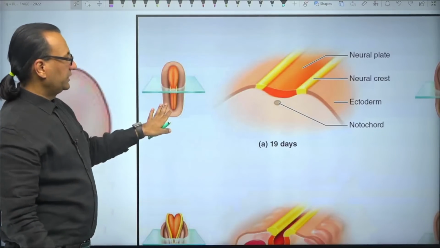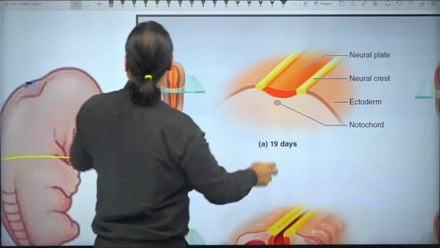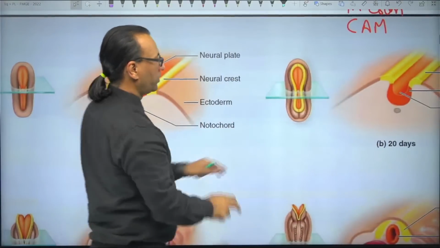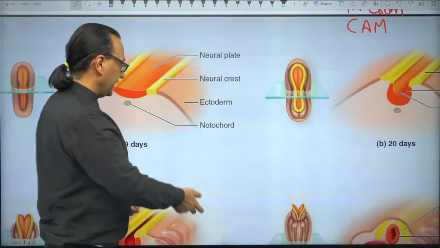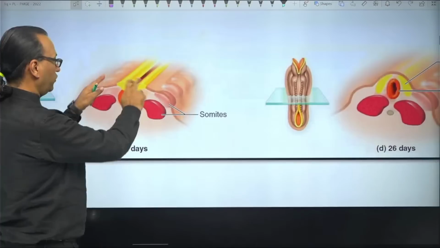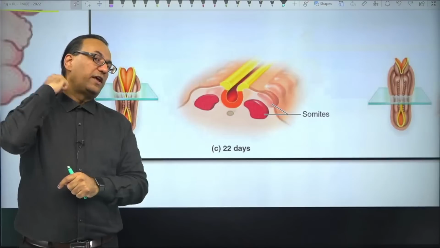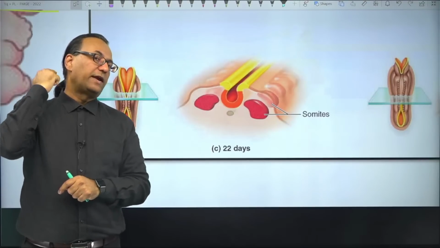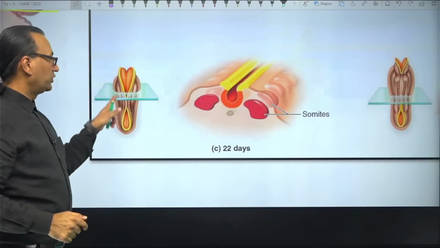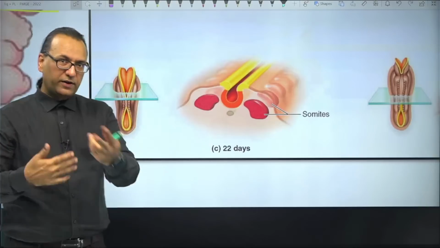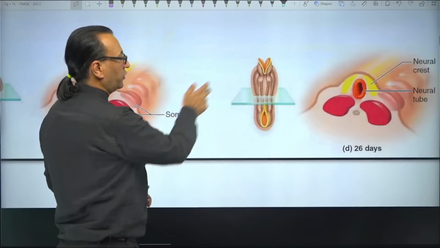This neural groove is going to fuse. They also ask where the fusion begins: the cervical region. In the cervical region the fusion will begin, and it will convert itself into what is called the neural tube.